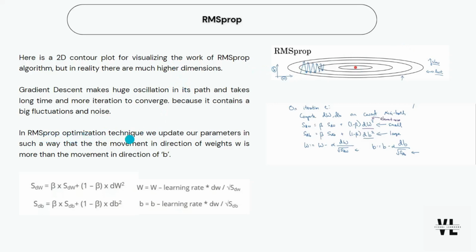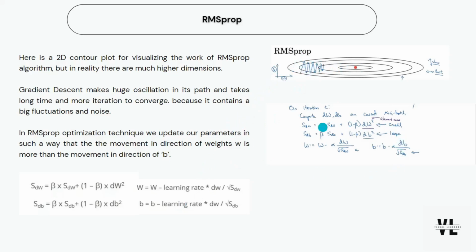In the RMSProp optimization technique, we update our parameters in such a way that the movement in the direction of the weights is more than the movement in the direction of the bias. So the learning in the horizontal direction, in the direction of the weights, must be much faster, and in the direction of the bias must be much slower.